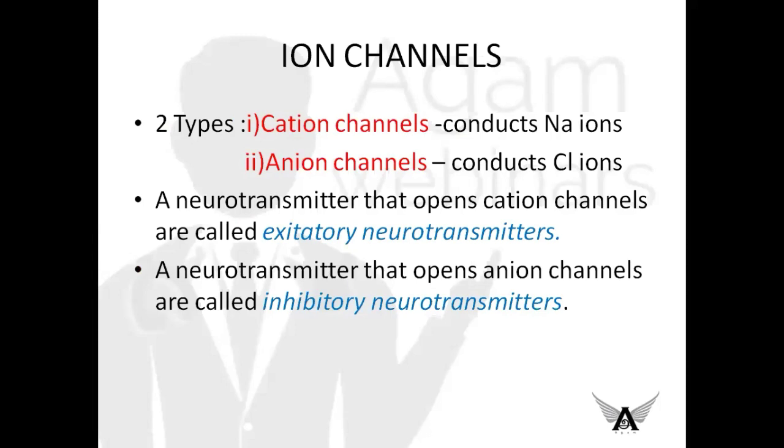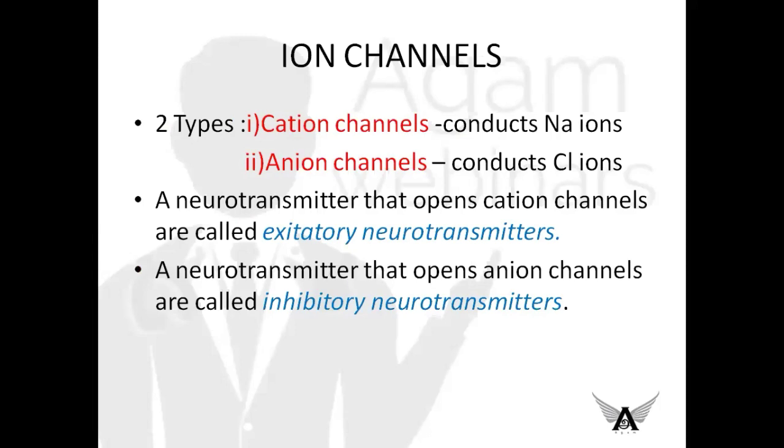Whenever it opens cation channels, sodium ions enter and the resting membrane potential of the nerve will become less negative. That is, if initially it was minus 70, it will become somewhat like minus 45 or so. That is, it is going towards depolarization and there is excitation of the postsynaptic neuron. So a neurotransmitter that opens cation channels is called an excitatory neurotransmitter.